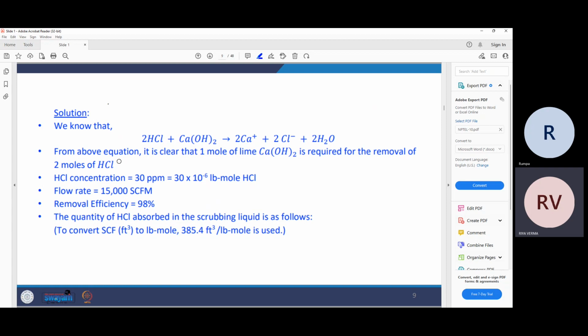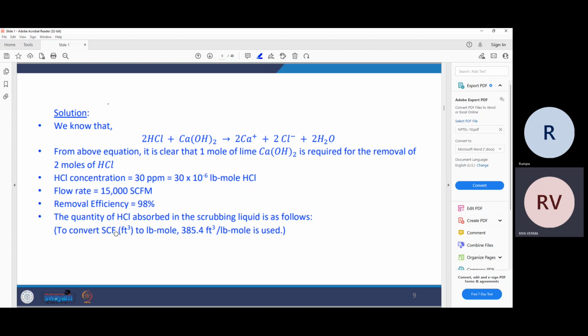So we were given HCl concentration as 30 ppm, that is 30 into 10 raised to power minus 6 pounds mole of HCl, and flow rate was given as 15,000 SCFM. The removal efficiency is 98%. So the quantity of HCl absorbed in the scrubbing liquid, how do we find?